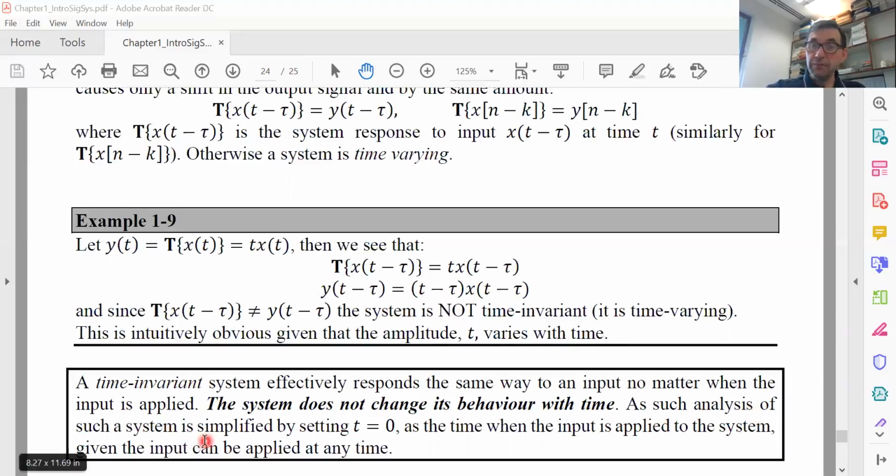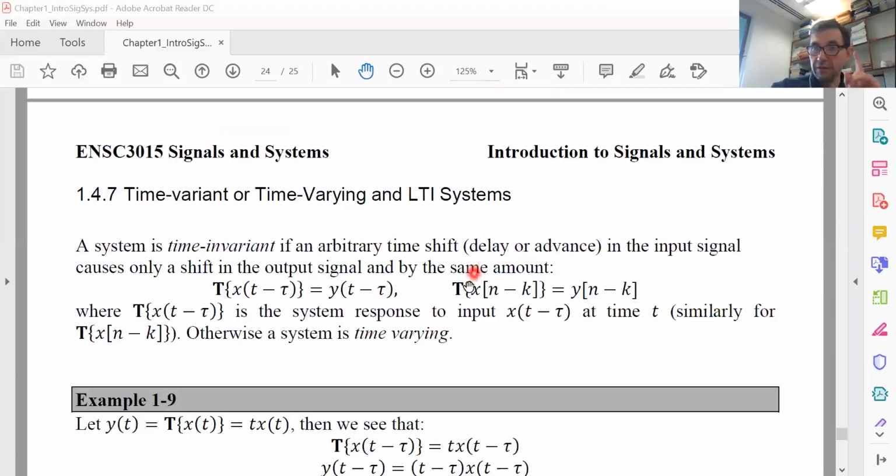Analysis of a system is simplified by setting, say, t equal to a convenient value, like 0. That's very convenient. Analyze what happens to the system at time equals 0, and then that response will be the same for how the system will respond for the signal at any other time, because of this. If a system is time invariant, this is how it behaves.